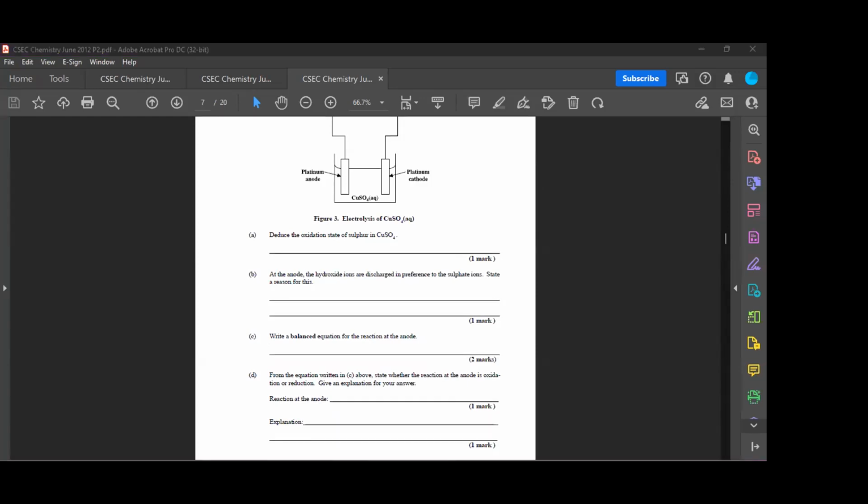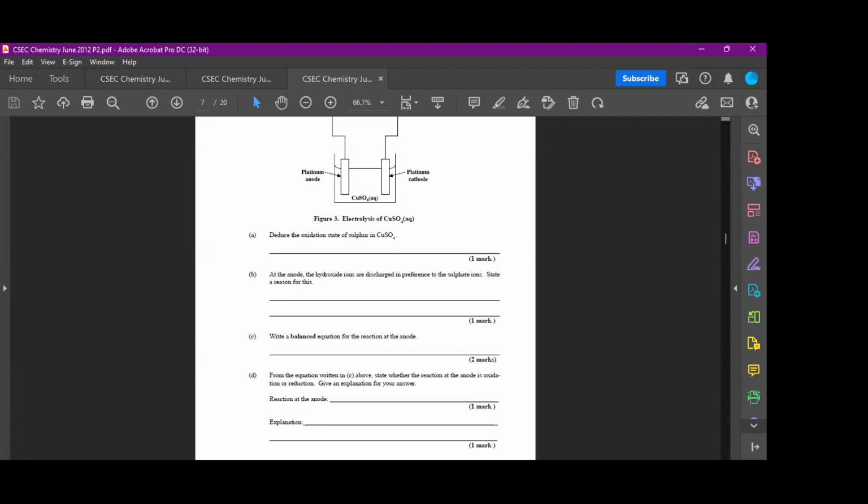It is 4OH minus aqueous, you have to put the state, which goes to 2H2O liquid plus O2 gas plus 4 electrons. And these things never change once it's hydroxide that is being discharged. That will always be the equation. If you can register that, you will never forget that reaction once you see a hydroxide being discharged.